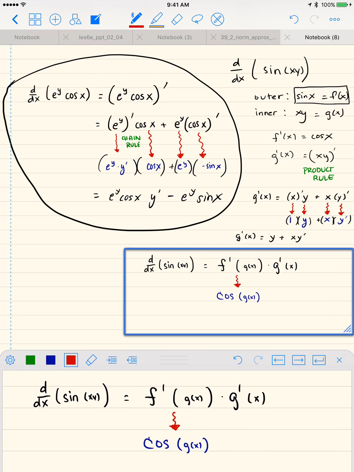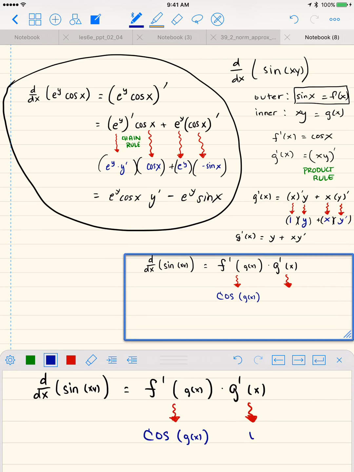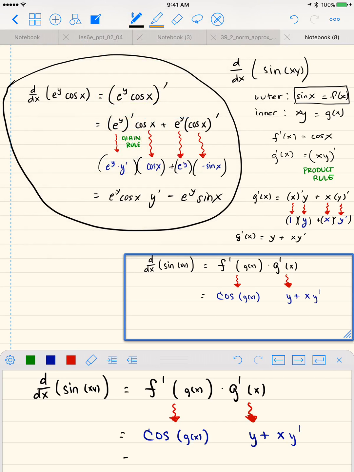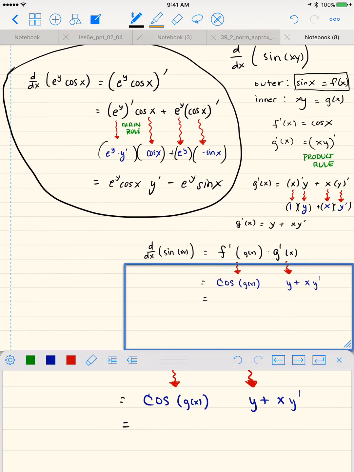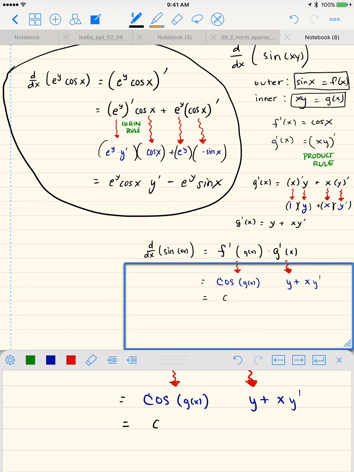And now, g prime of x, what is that? Well, we found that here to be y plus xy prime. So when we multiply these together, remember, g of x is equal to x times y. So we'll have cosine of xy times y plus xy prime.